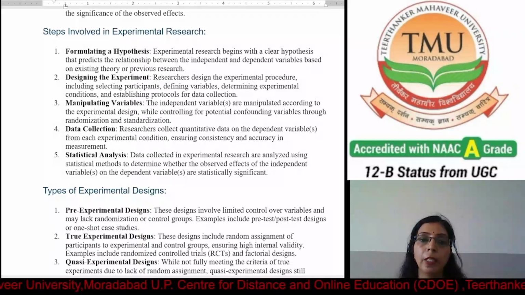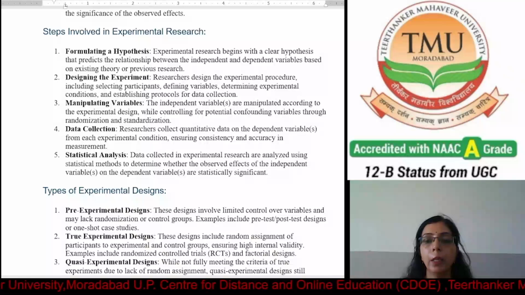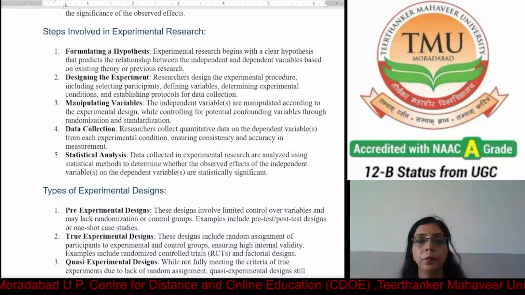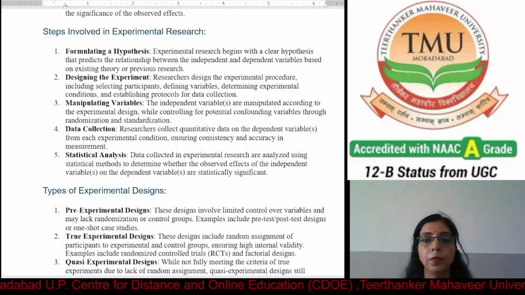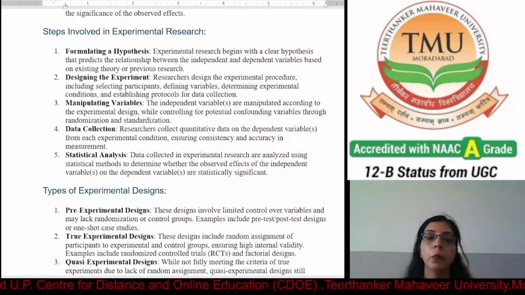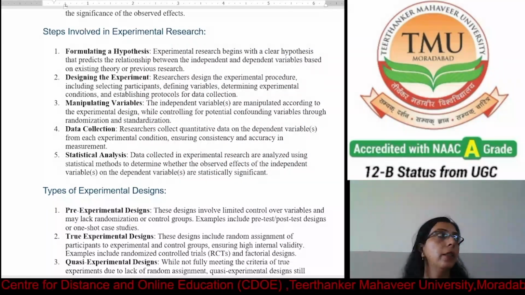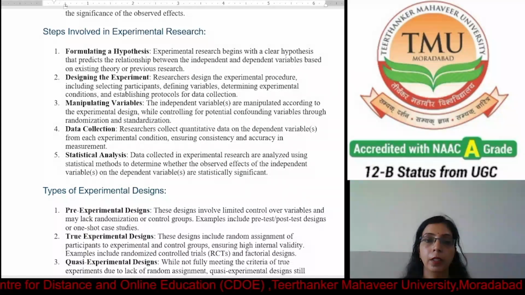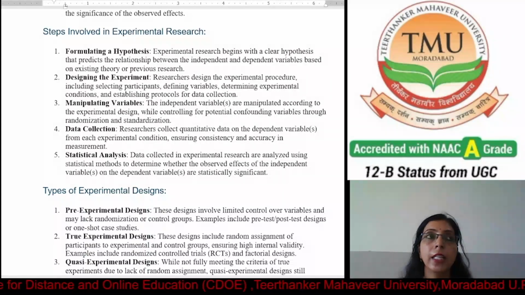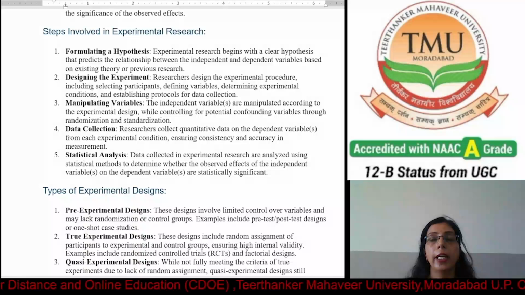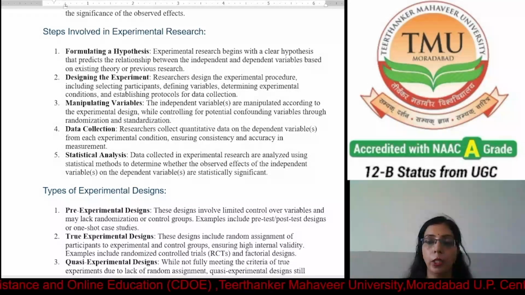So, true experimental, quasi-experimental and pre-experimental designs. These designs have less scientific value for having inadequate control.